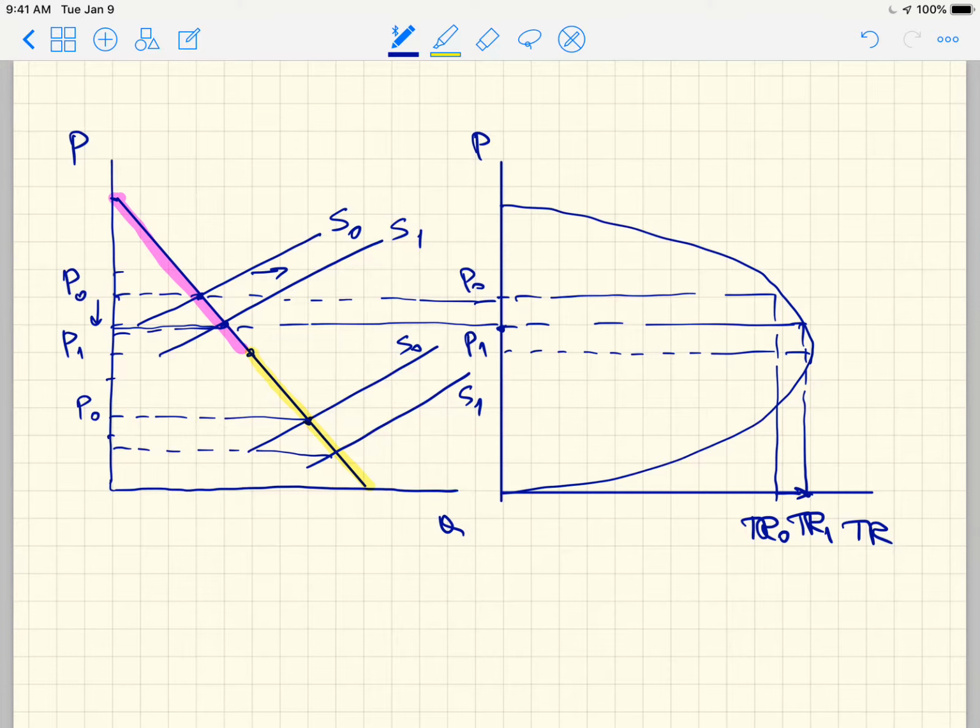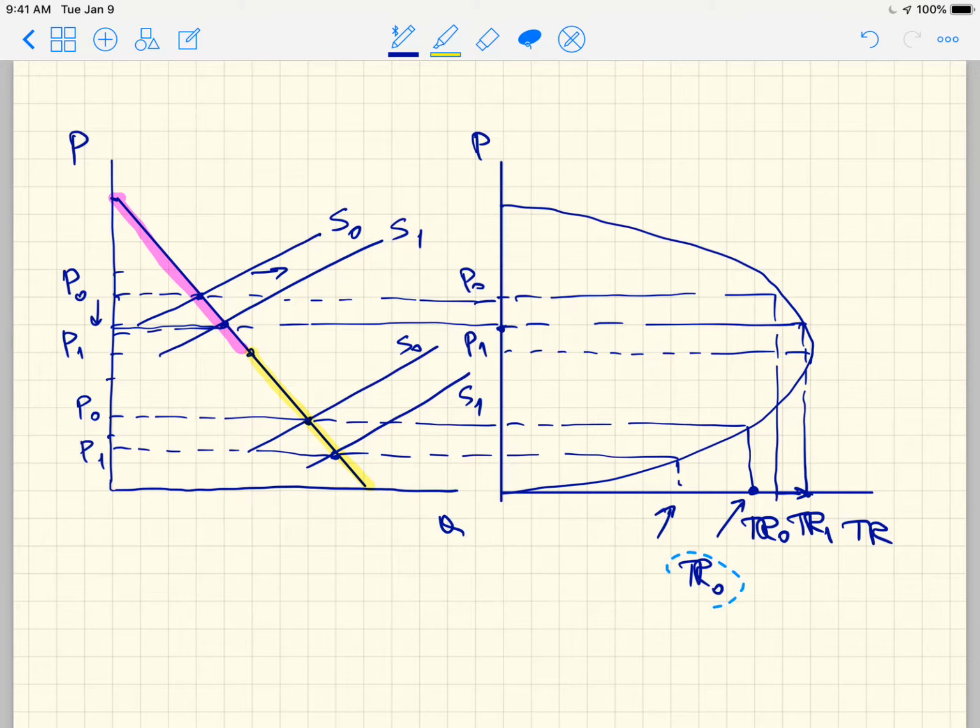So let's again call them P0, P1. If we trace the effect of a change in price in this case, we'll see that total revenue goes from this amount to this amount. So total revenue 0 again. It might be a little bit confusing, but I hope you understand what's going on here.